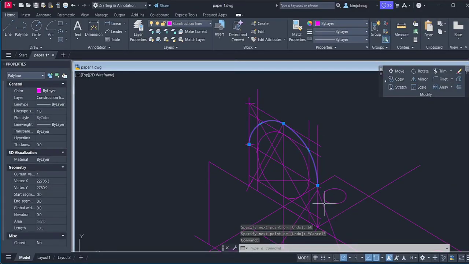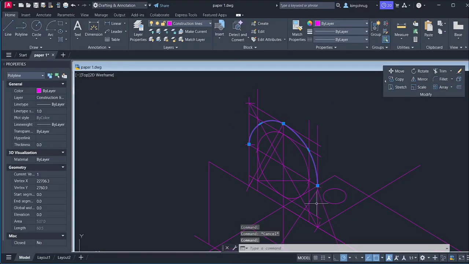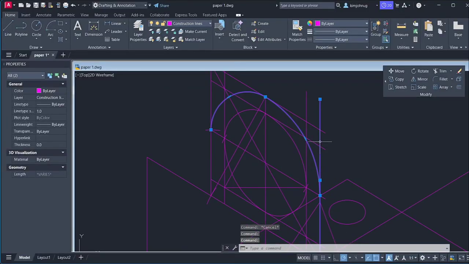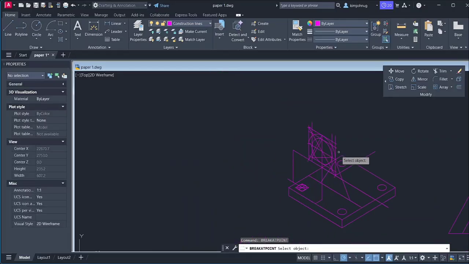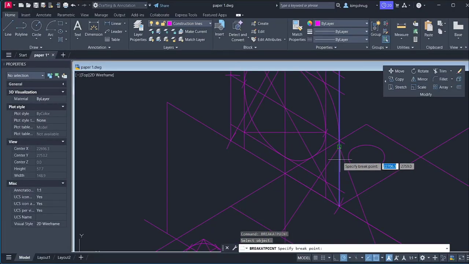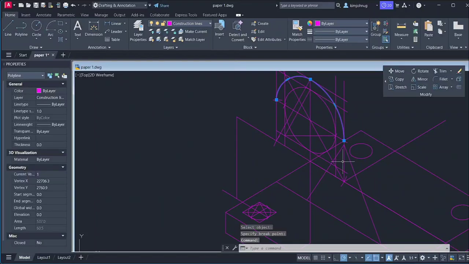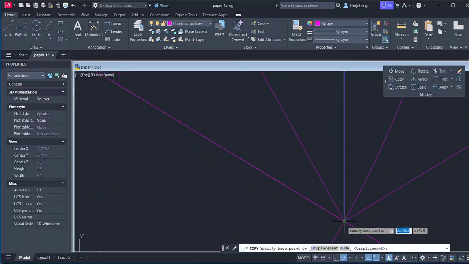I think I have to move. So if I want to move this entire thing, where this line is somehow preventing me, what I can do is use the break tool. So I select break, take that line. I want to break it at this point, right? Now I can select this without that line interfering, right? Now it has been broken at that point.